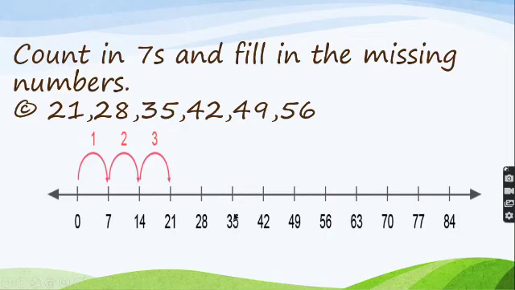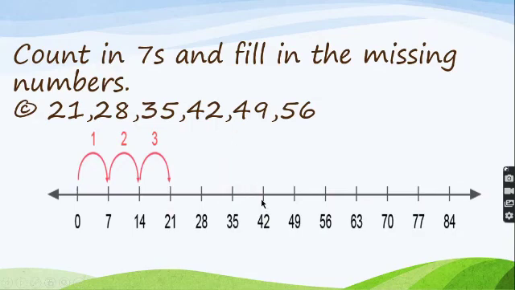Then when you start again jumping from 35, you reach 42. How can you reach 42? Yes, the gap between the two numbers here is 7. So when you add 7 to 35, you get 42. So you land on 42, and you write 42 here in the missing numbers.